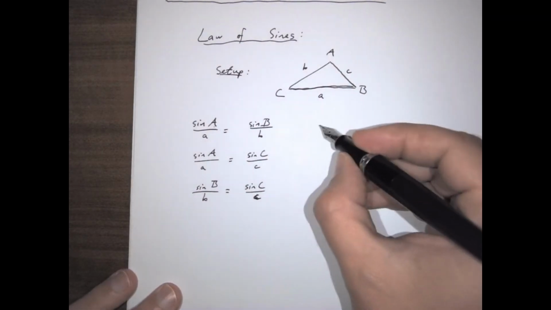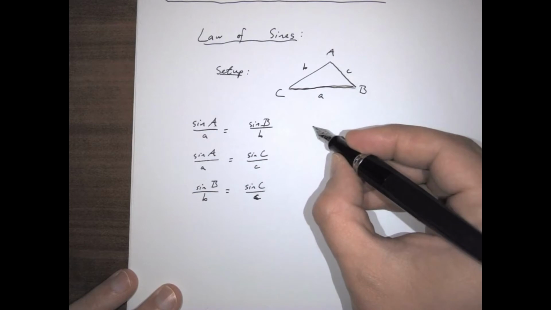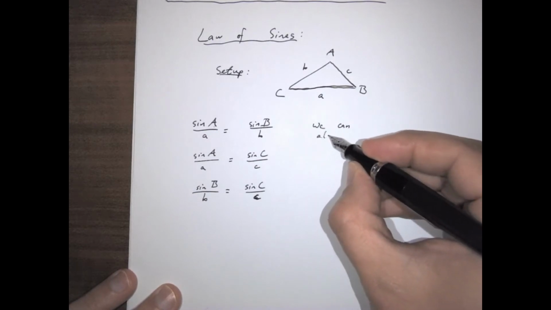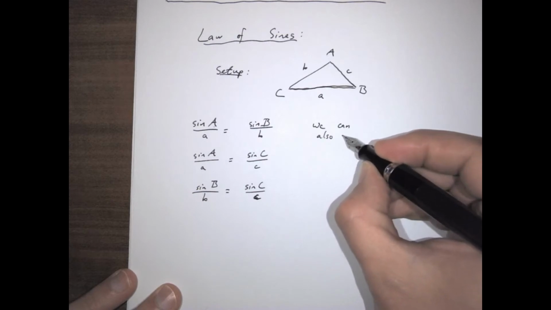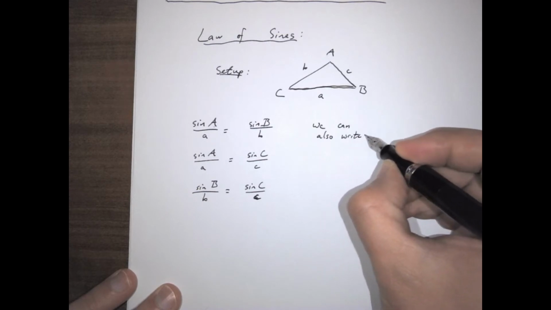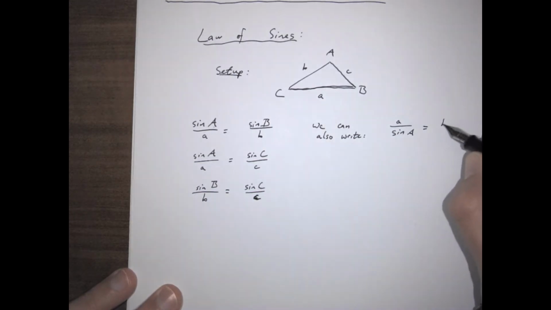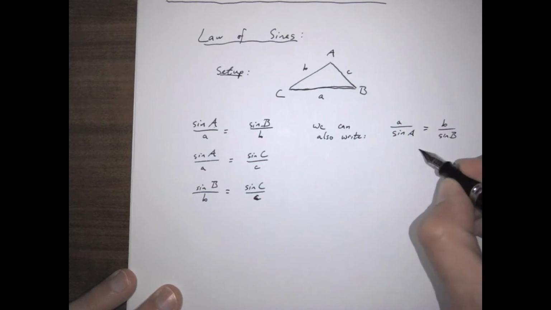And alternatively, we can also write little a over sine A equals little b over sine B, etc.